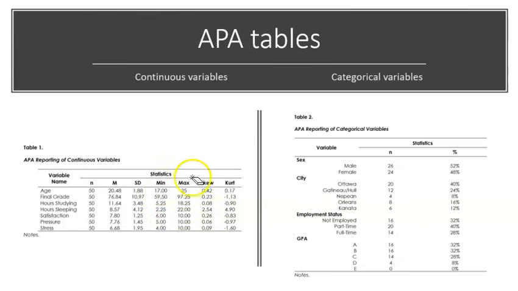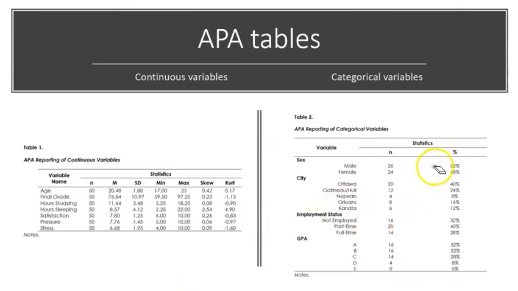Look at the table and the form well, because the form is very important in APA tables. This is the way you write the table, with the number 1, 2, 3, how you write the title of the table, how the letters are written, and so on. This is the standard form of the APA table.